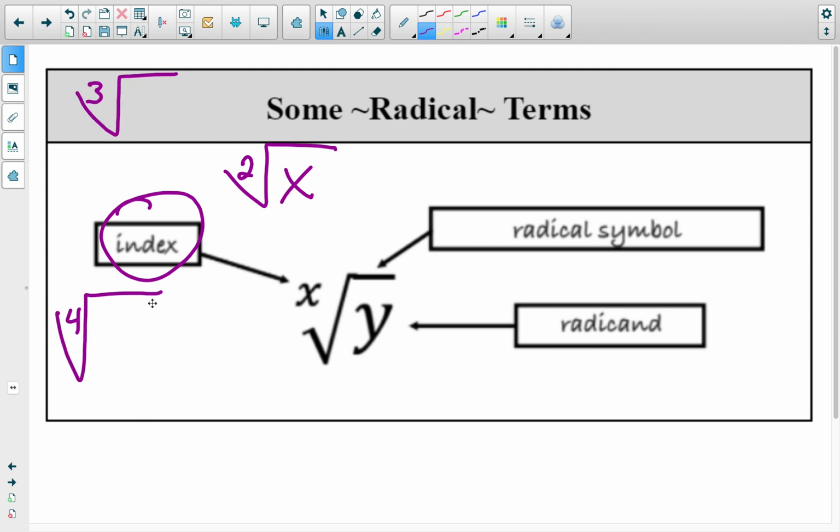Fourth root, we will write a 4, and make sure that it's very clear that this number is closer to the radical. It's kind of like inside this little space between the little check mark and the radical, okay? And this is your radical symbol, and then whatever is underneath your radical symbol is called the radicand. We're not really going to use that very much, but it is something to be aware of.